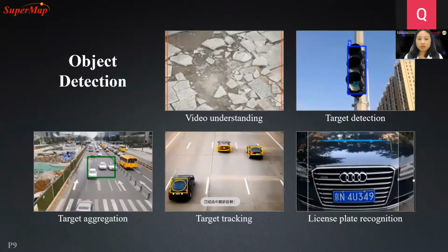It can be used for detecting objects in the real world, such as this traffic lights detection. And the third one is target aggregation, which can be used for monitoring the traffic. And the fourth one is target tracking, which can track vehicles and record the tracks. The last one is license plate recognition, which can recognize the license plate, the car's color, and the category of the vehicle.